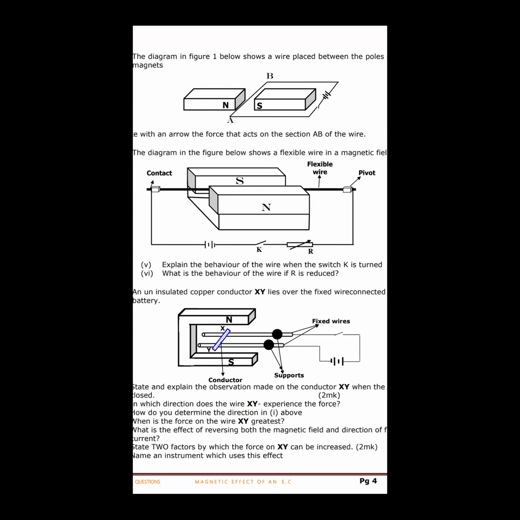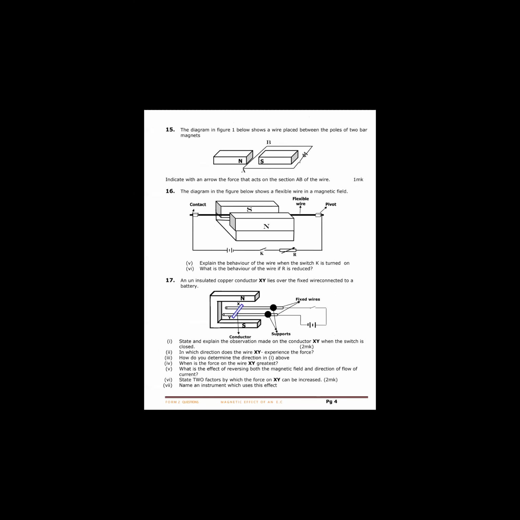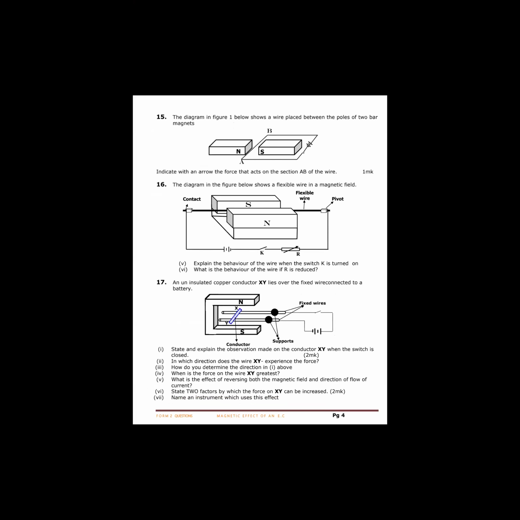So in question 17, we have the North and South Pole as in the diagram. We also have the conductor carrying current XY, and we have the source of current. The current is flowing through XY.